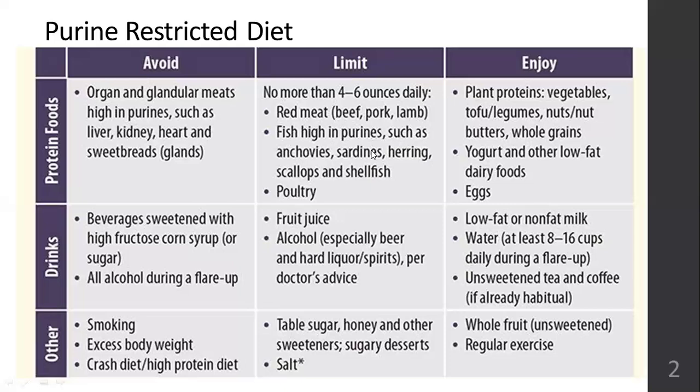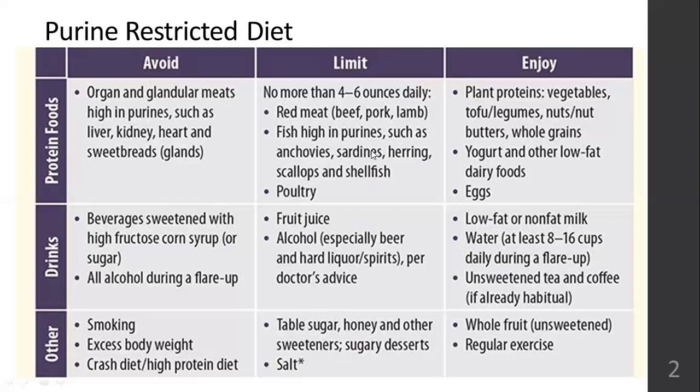And what you can have when it comes to protein: tofu, soy, nut butter, whole grain, yogurt, low fat dairy food, eggs. These you can have. This comes under the protein category. Coming to drinks, anything that has high fructose corn syrup, the sugary drinks and all, avoid that.